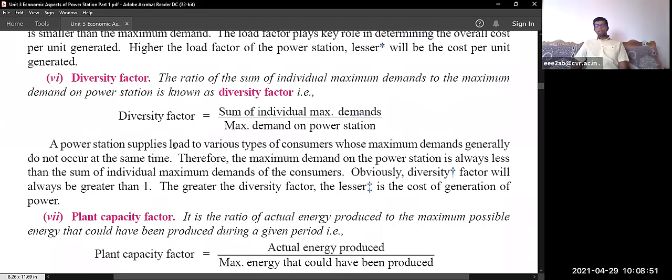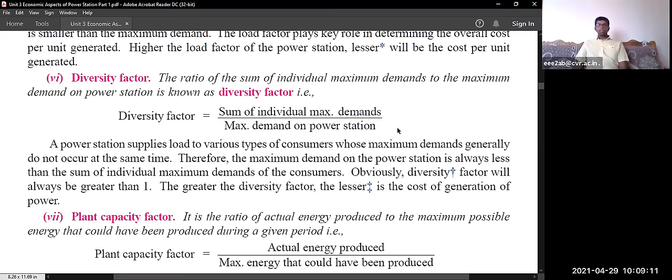A power station supplies load to various types of consumers whose maximum demand generally does not occur at the same time. No one will switch on all their loads at once throughout the country.